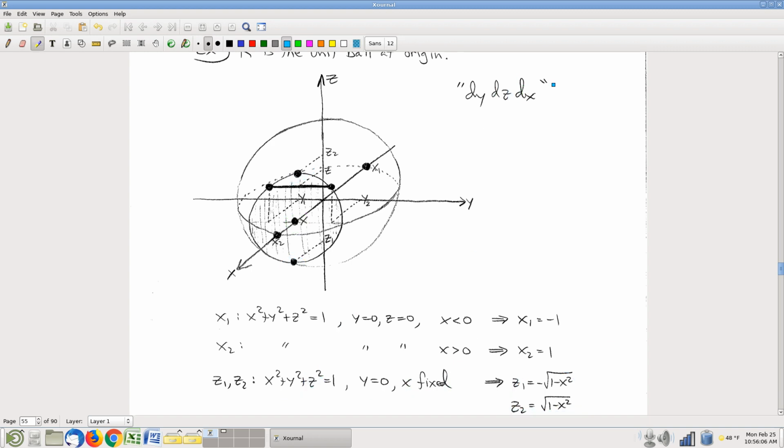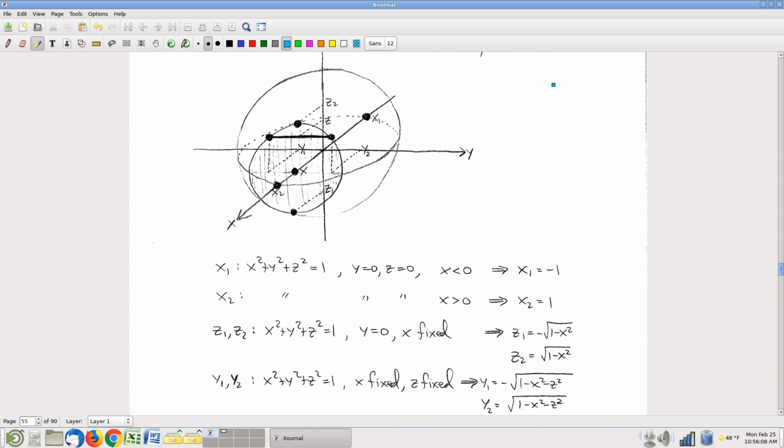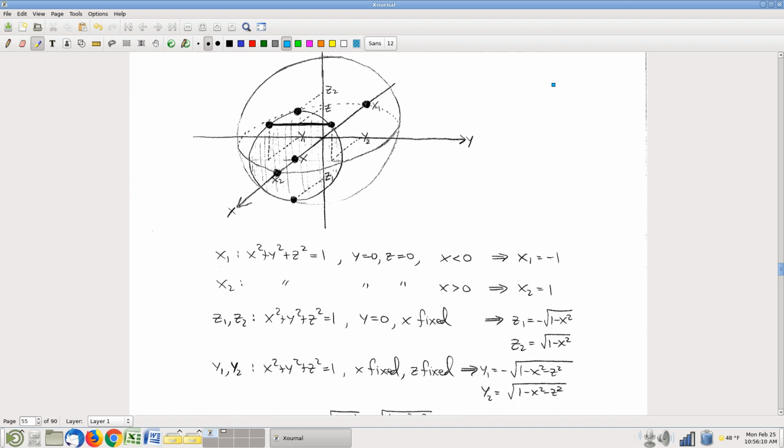Okay, let's see here. Lastly, what are the y bounds? With x chosen, with z now chosen and fixed, that cross section, my z slice of my x slice, is going to be, as usual, always a little line segment. That's the third sort of thing that I have to look at.